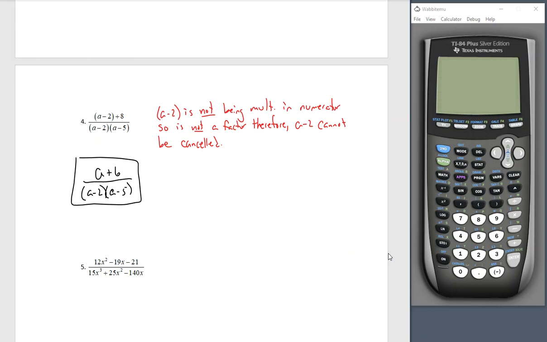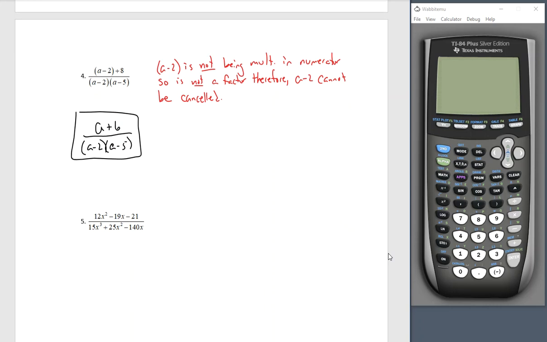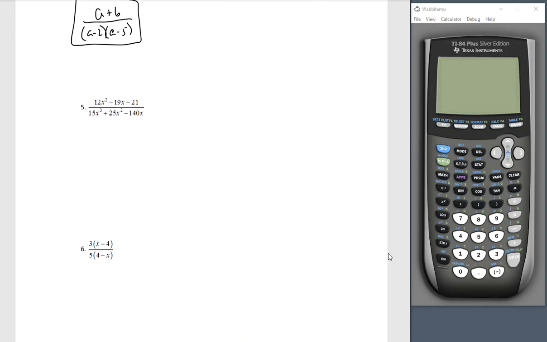Now, number 5 here is what Bugs Bunny would call the coup de grace. Let's take a look. I'm going to move number 6 down a little bit. Let's factor this numerator.